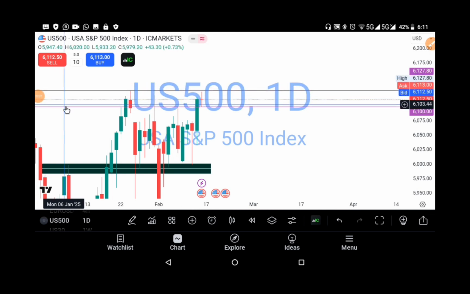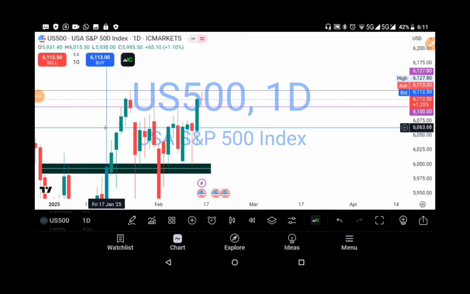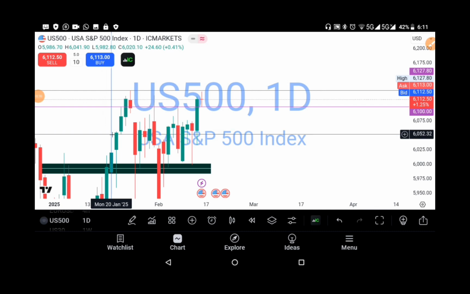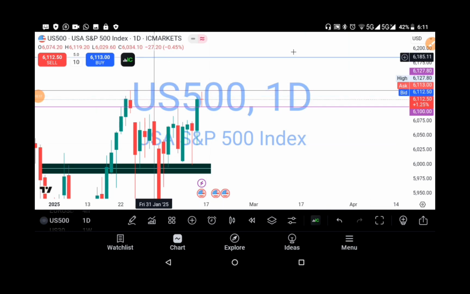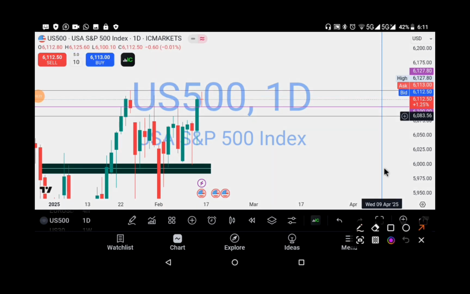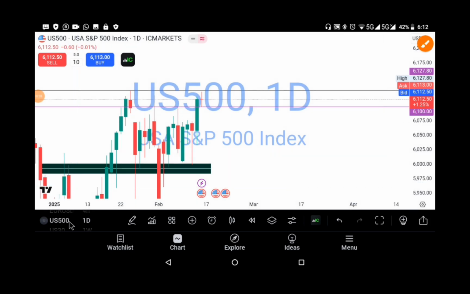So 6120 will be on my radar on S&P 500. So we should be able to tag this level. We should be able to tag that level well. 6127, and we should be able to see a movement towards 6200 on S&P 500.